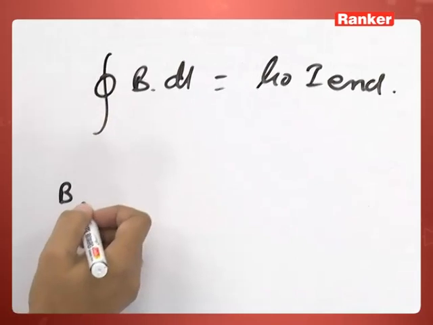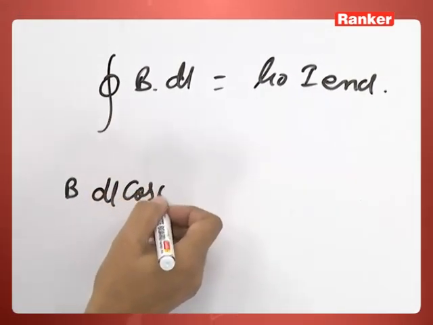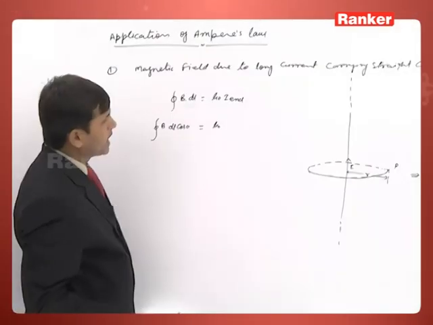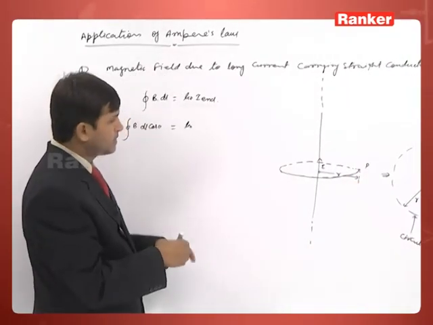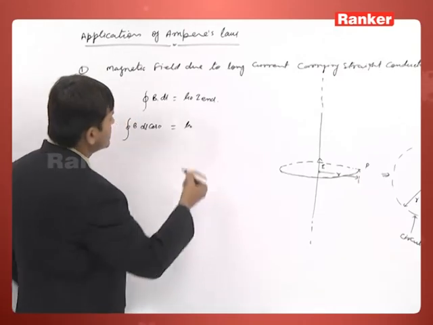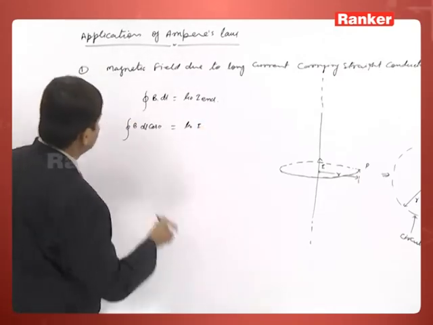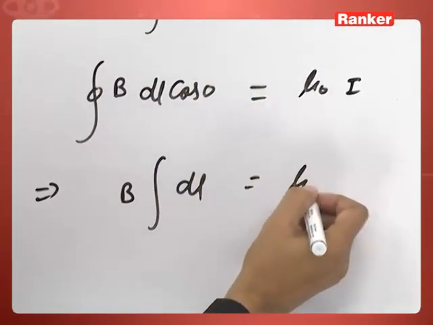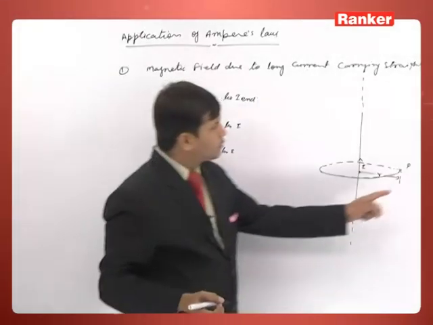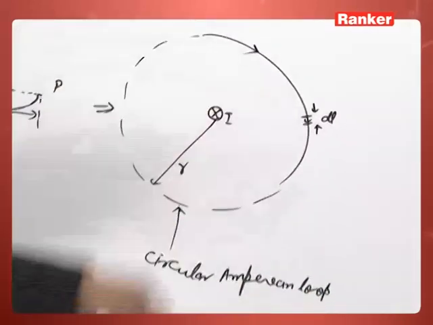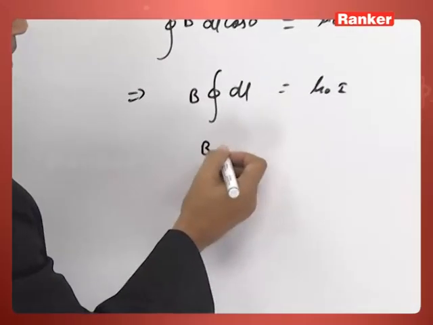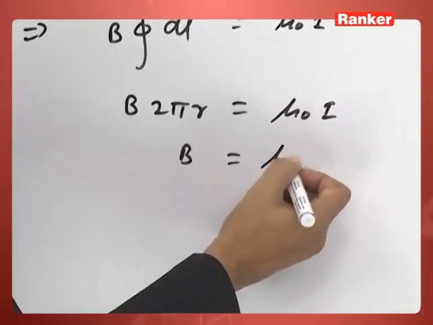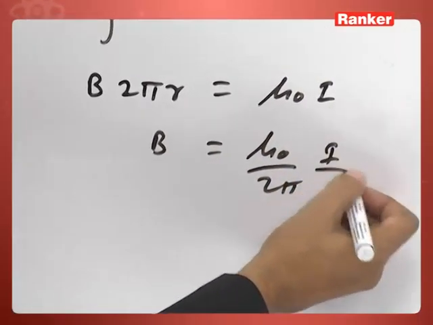So B dl cos 0 is equal to mu naught I. The current is positive because we are moving clockwise and the current is inward. Now, the integral of dl for the whole loop is the total length 2 pi r, so B into 2 pi r will be mu naught into I, so B is equal to mu naught by 2 pi times I by r.